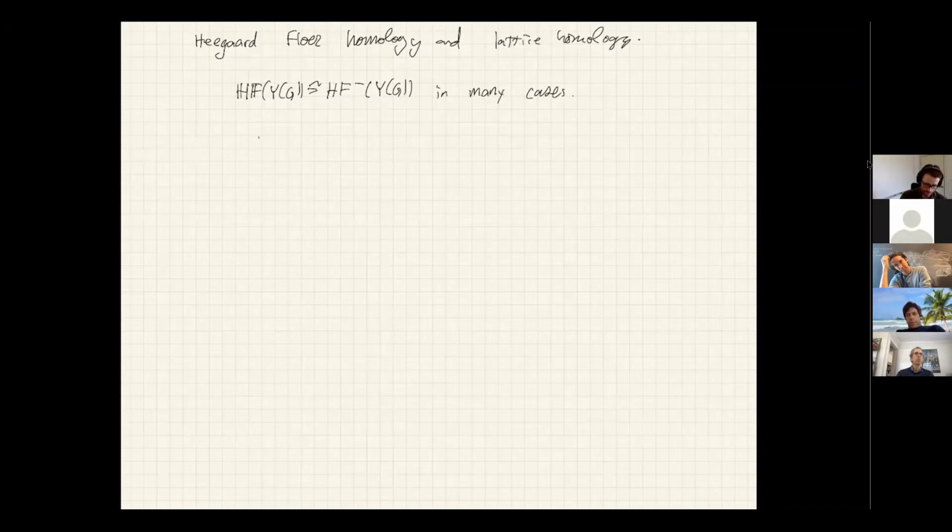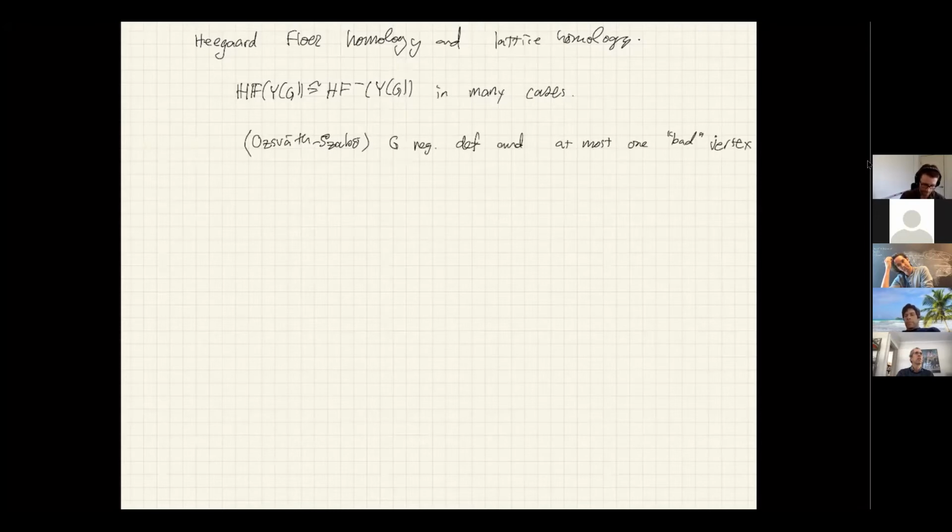The original result is Ozsváth and Szabó's original computation. These are the cases where G is negative definite and has at most one bad vertex.